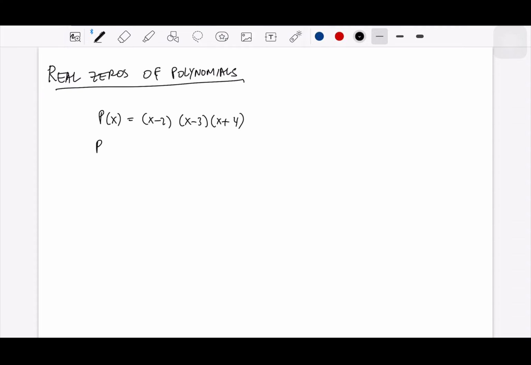and if we write it in the expanded form, if you multiply all of this, we get this. Okay, and we know from these factors that the zeros of P are x equals 2, x equals 3, and x equals -4.